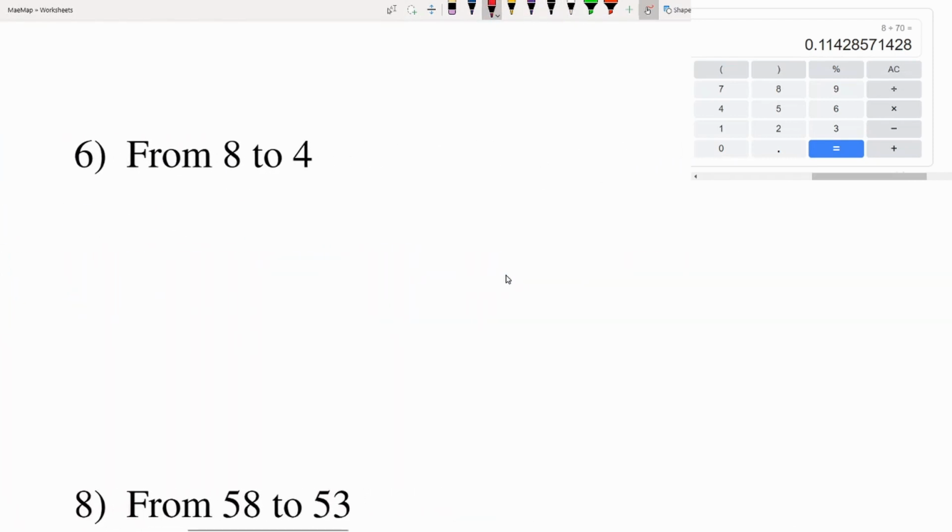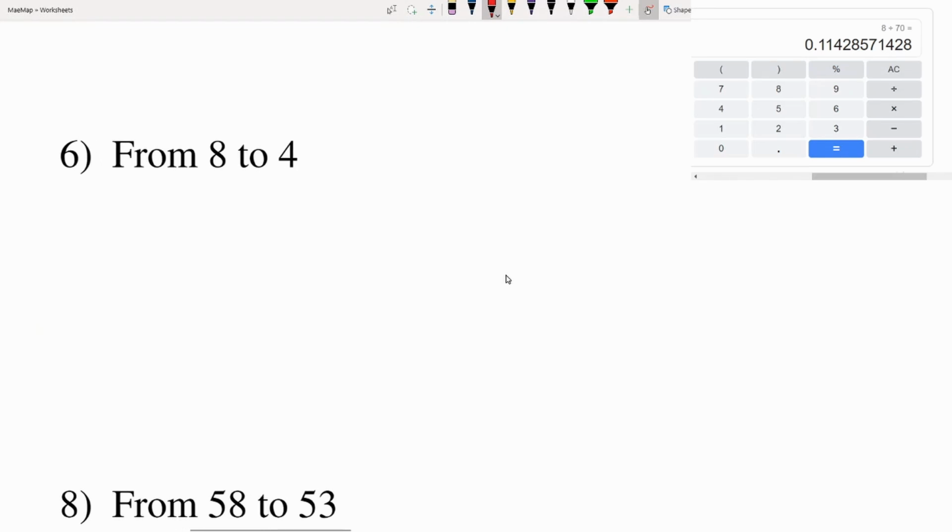In number 6, we're going from 8 to 4, and logically we can think about that. We're cutting that number 8 in half, and half is like a 50% decrease. But let's go ahead and work out that math. So we know it's a decrease because 4 is less than 8. 8 minus 4 is going to give us 4.